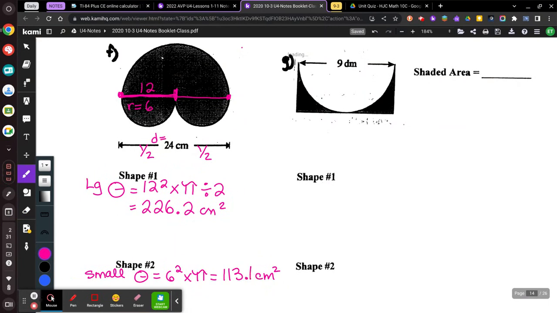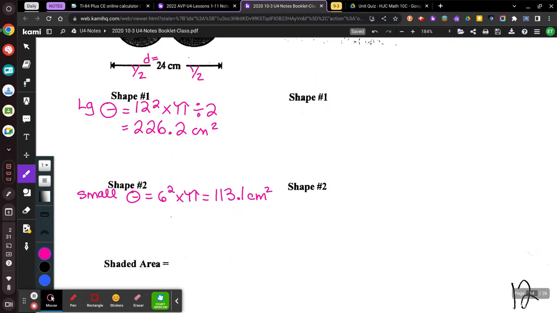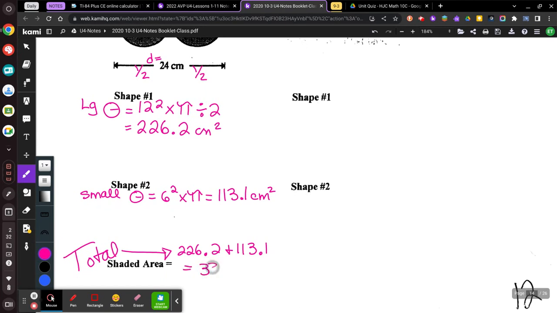Now we add them together. So our total is both added together, 226.2 plus 113.1. And that's going to give us 339.3 centimeters squared.